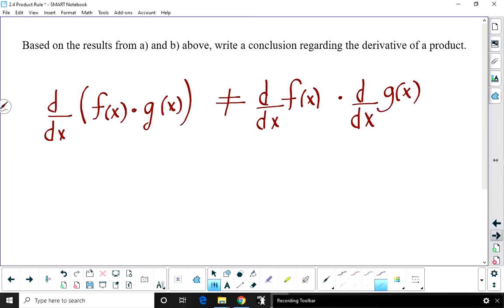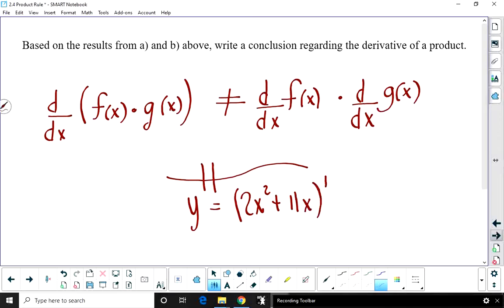See, because eventually, and you don't need to write this down, you're going to be seeing functions that look like the following. Okay? You're going to be expected to find the derivative of something like that.